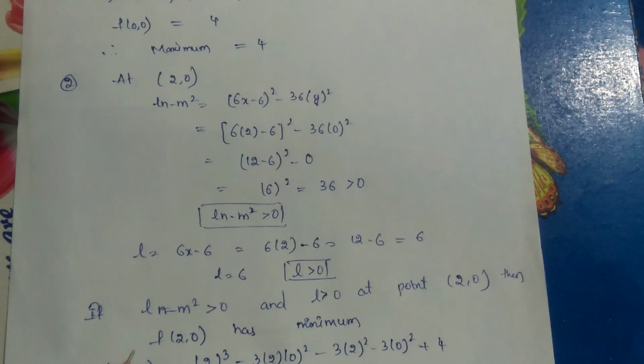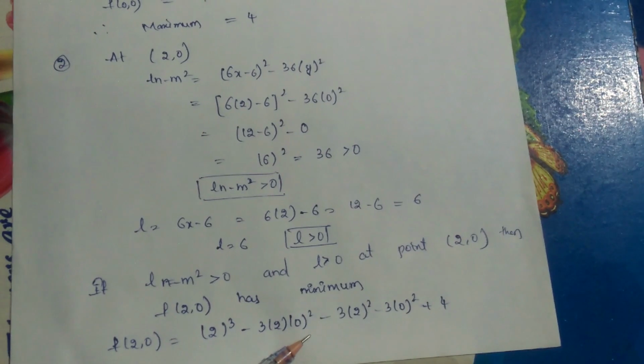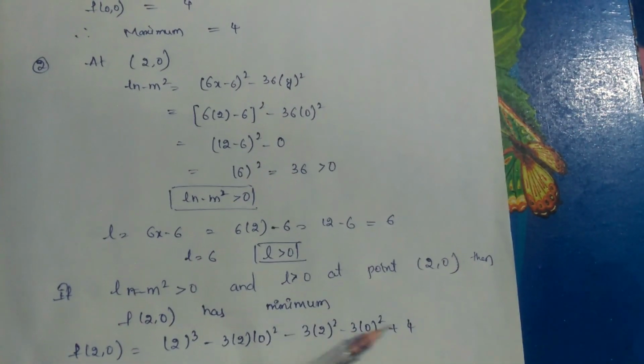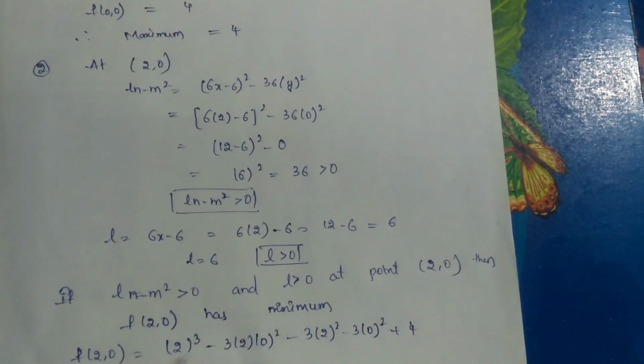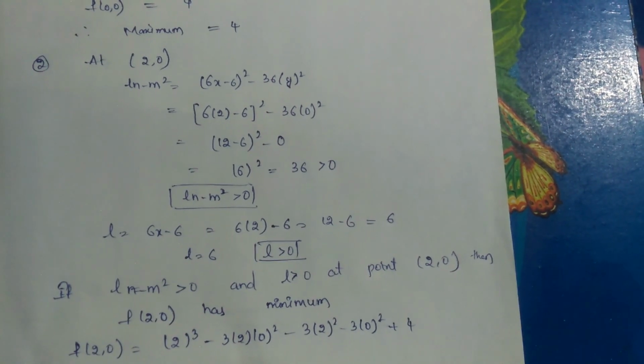So if ln minus m square is greater than 0 and L is greater than 0 at the point (2, 0), then f of (2, 0) has the minimum, that is f of (2, 0) is equal to 2 cube minus 3 of 2 into 0 minus 3 of 2 whole square minus 3 of 0 plus 4, and that value you get it as 0.